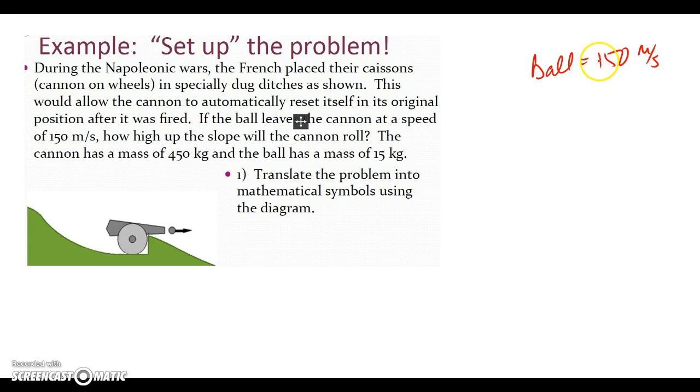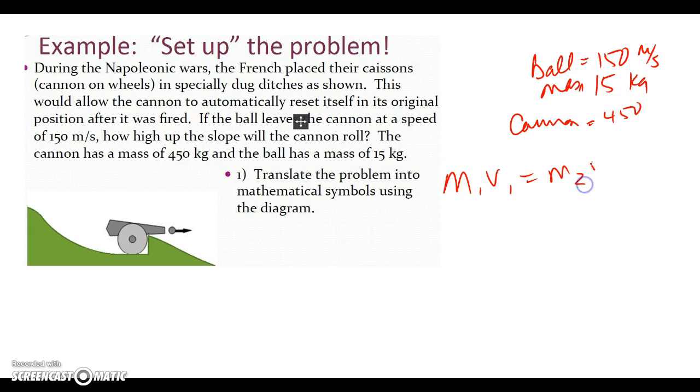The ball has a mass of 15 kilograms, and the cannon itself has a mass of 450. So m1v1 had better equal m2v2. So the ball is 150 and its mass is 15 kilograms.